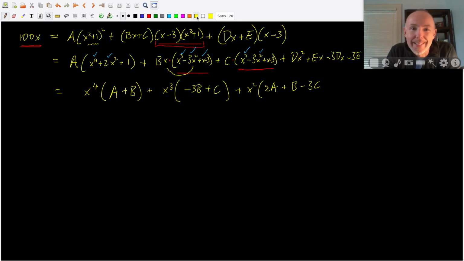And then there's going to be a d x squared. And I think that's the end of the x squareds. And then what about the x's? Well, then there's going to be some x's. Looking in this term, there are none. Looking in this term, there's going to be minus 3b times x.